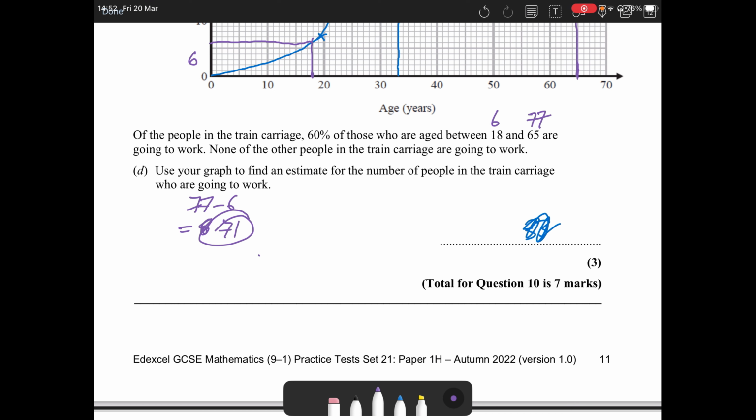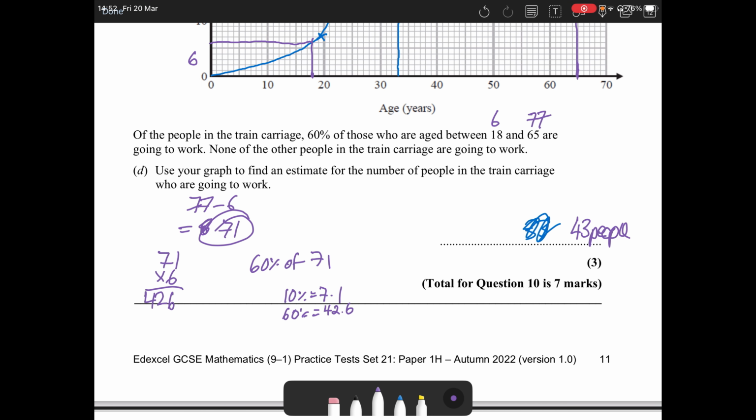So in other words, what's 60% of 71? Well, 10% would be 7.1. So 60% would be 6 lots of this. So what's that? You're going to get 42.6. So my estimate is going to be like 43 people.